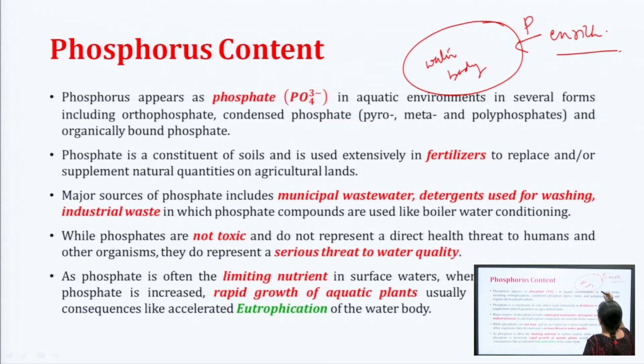Since this water body also has aquatic plants, they also require NPK. Now, you are giving extra N and extra P; nitrogen you can always get from the atmosphere. So, because of this, these plants will start growing.